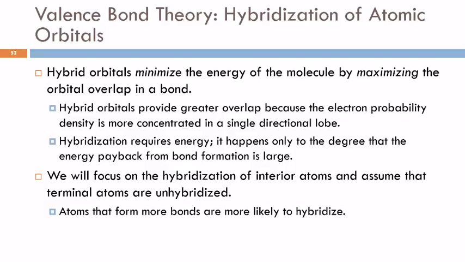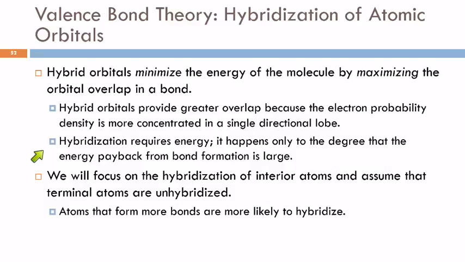If you remember the p orbitals, they have lobes that are equal sizes on each side. And so half of the electron density is on one side of the atom and half is on the other. When we hybridize, it gets lopsided, and we have a big lobe on one side and a small lobe on the other. And so we can get more overlap, and it gets a more stable molecule.